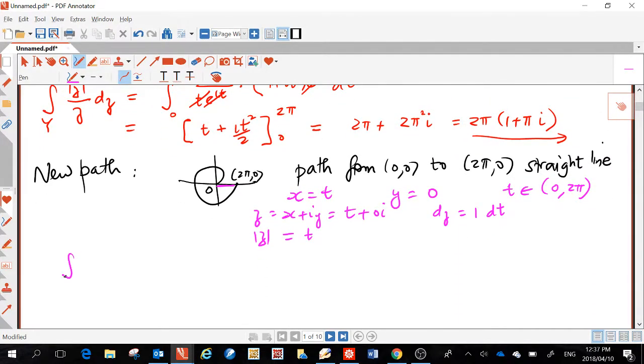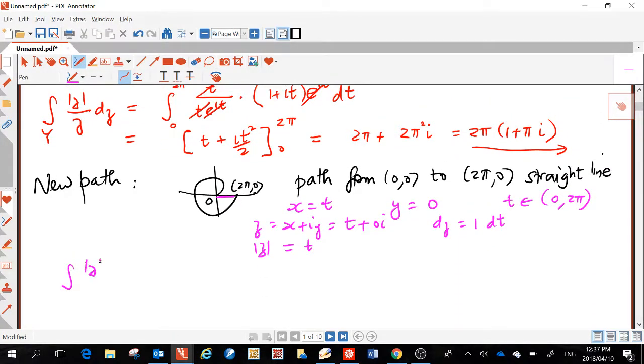So the integral of mod z times z dz along this new path, gamma 2, will be the integral of t times t, since z is also t, and dz is 1 dt. Now it's from 0 to 2 pi. It's the integral of 1, basically, which is t. You can see that the answer is 2 pi.